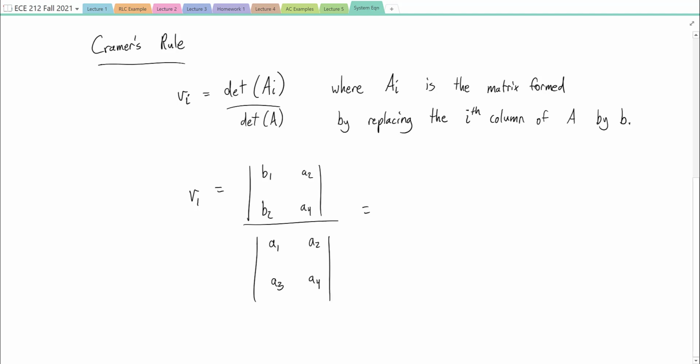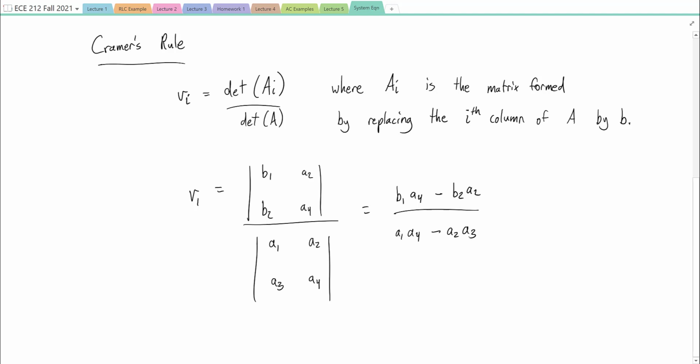And if you remember how to do determinants in a 2 by 2, this is just B1 times A4 minus B2 times A2, and then that's divided by A1 times A4 minus A2 times A3. However you want to write that, obviously.